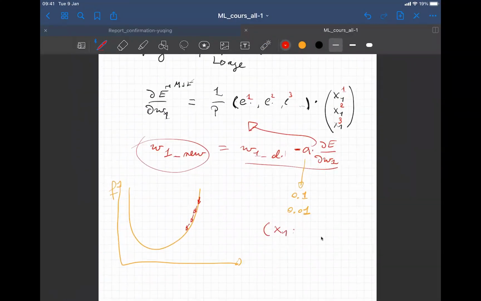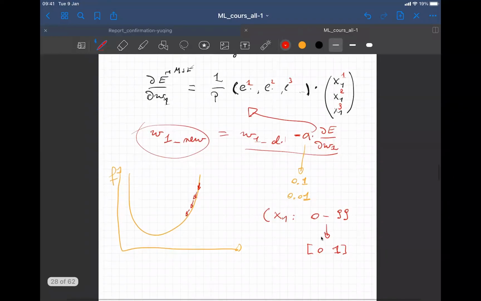Let's say that the age is between 0 and 99. Well, it could be helpful to scale it between 0 and 1. And do this for every feature, you scale it between 0 and 1.